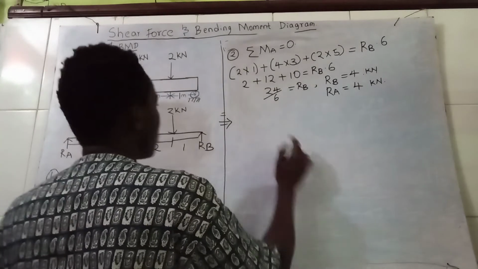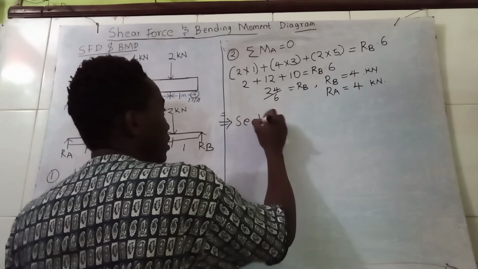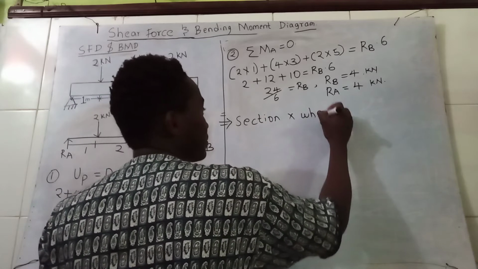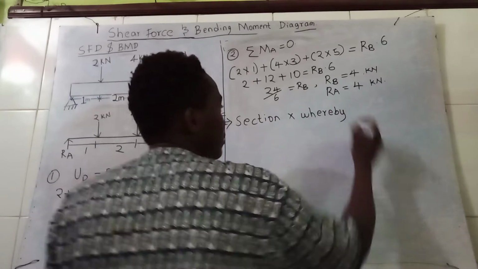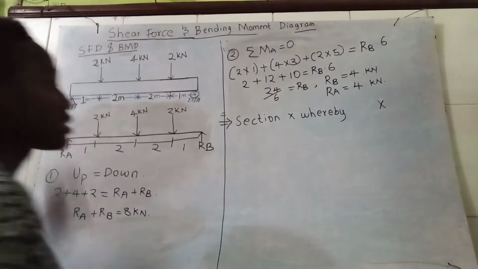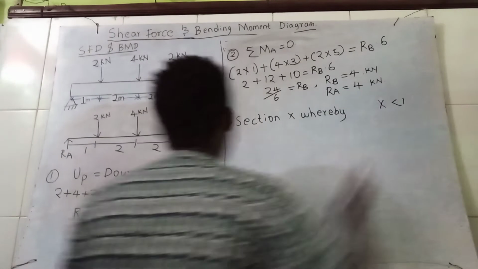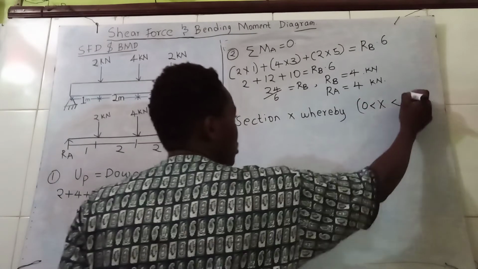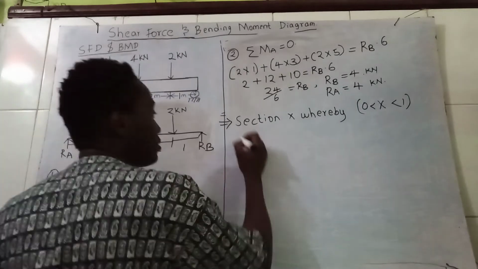So take a section X whereby X is less than the distance 1 but greater than 0 from the starting point.